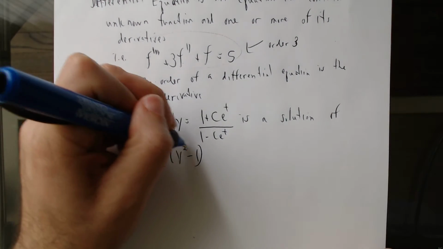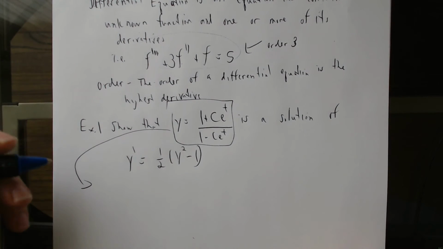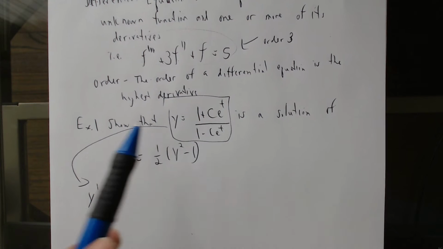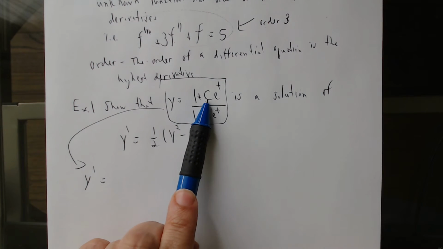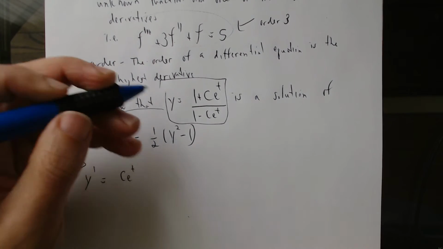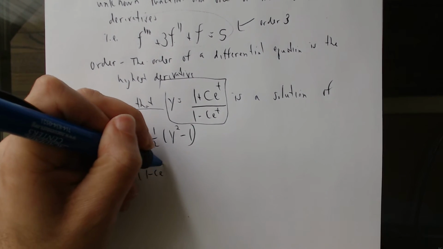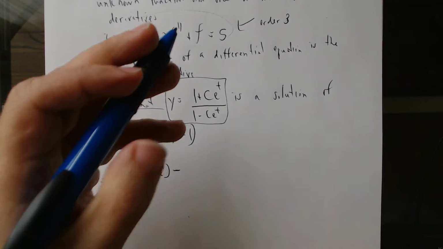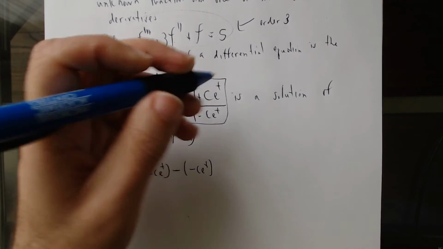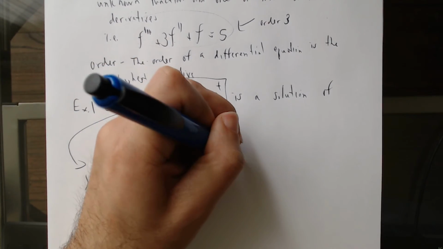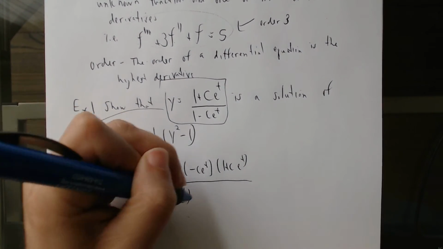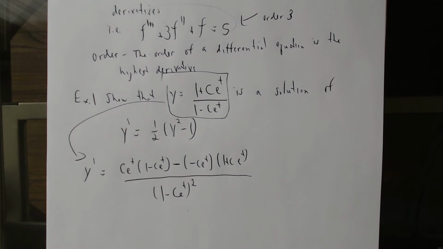To show that, we're going to start off with this guy and find y prime. We have to use the quotient rule. Remember 1 and c are constants, t is the only variable. So it'll be ce to the t times the bottom, minus the derivative of the bottom, which is negative ce to the t, times the top, all over the bottom squared. Now let's simplify a little bit.